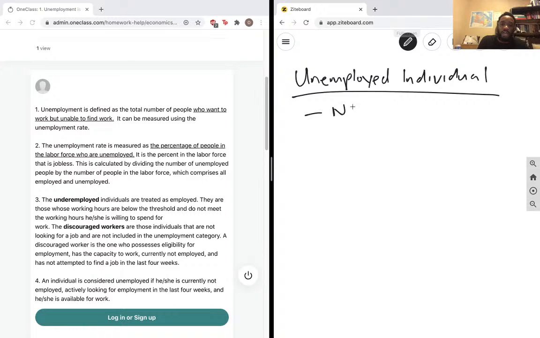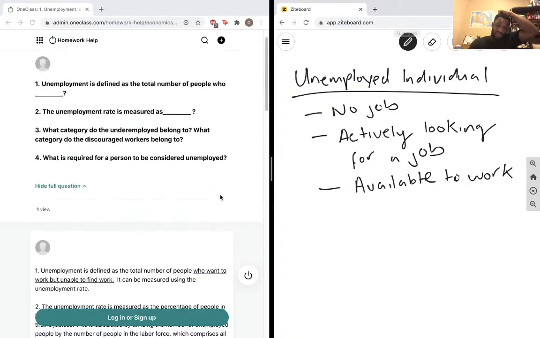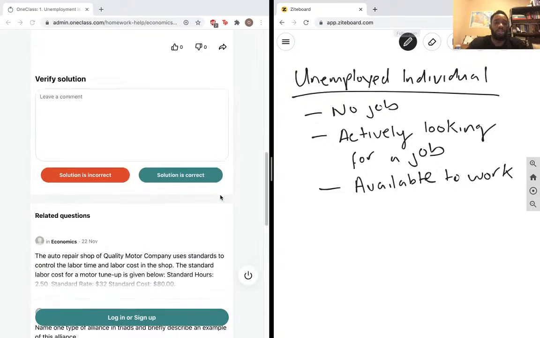A person is unemployed, so they have no job, they're actively looking for a job, and they are available to work. So that answers all here, and this is correct.